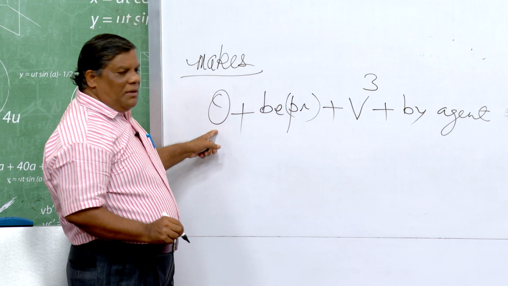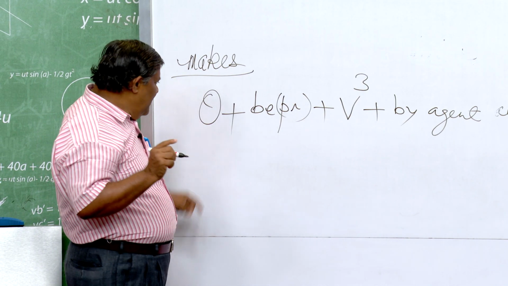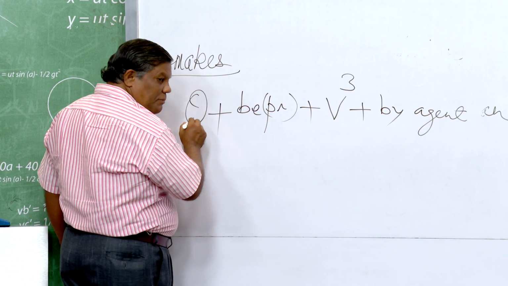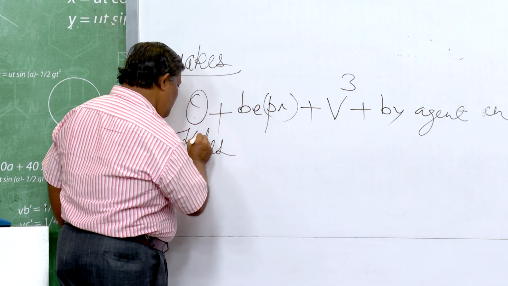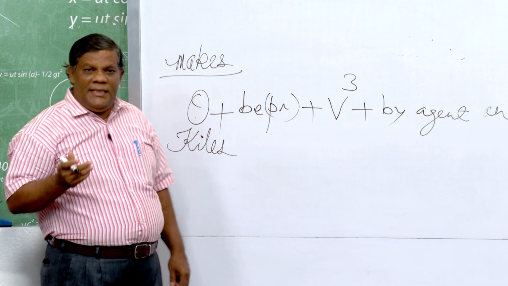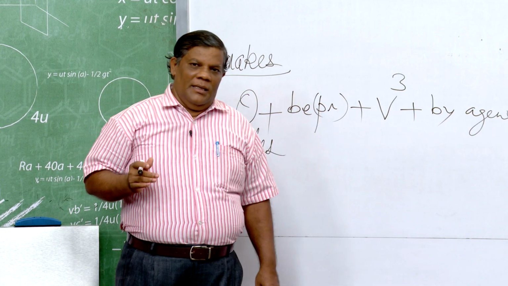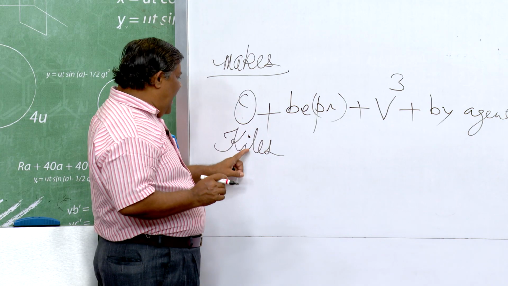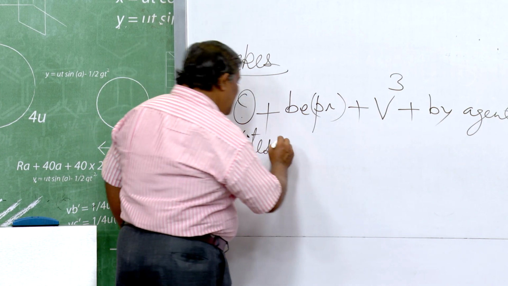So, for "The man makes beautiful kites," when we make it passive, the object is placed first: kites. Then be present. The be forms are is, am, are; they are the present tense forms of be. Since kites is plural, it is are.